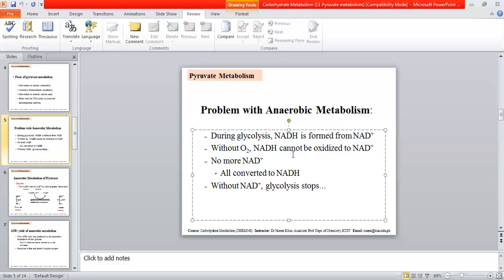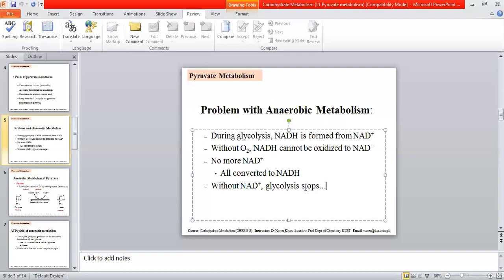In the body there is a calculated amount of NAD available. So if all NAD is converted to NADH in glycolysis and is not converted back, then NAD is consumed, no more NAD. If there is no more NAD, because all is converted to the reduced form, glycolysis will stop.